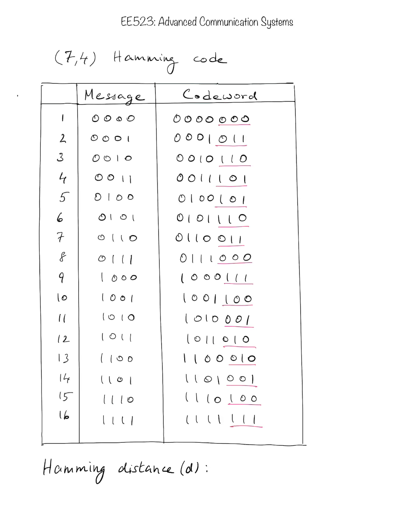For example, what is the Hamming distance between code word number 1 and code word number 2? Between 1 and 16, what is the distance? Between 2 and 3?